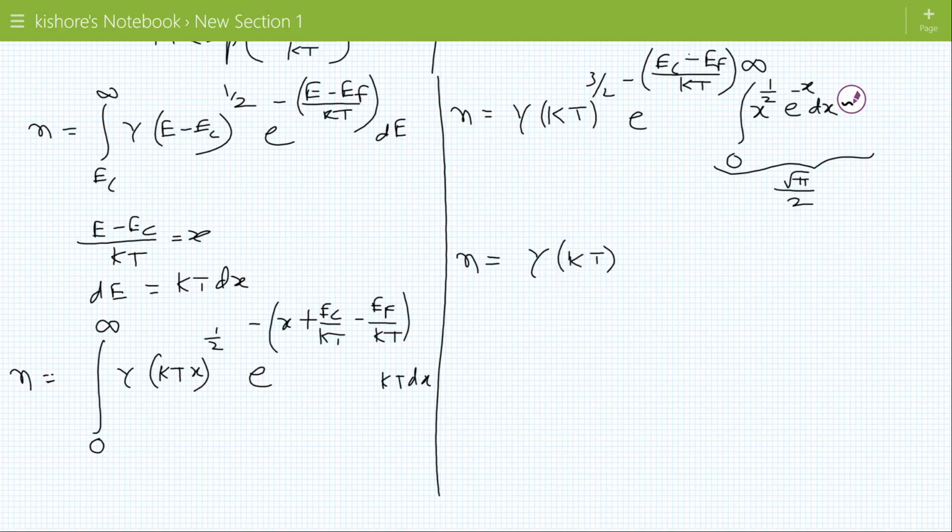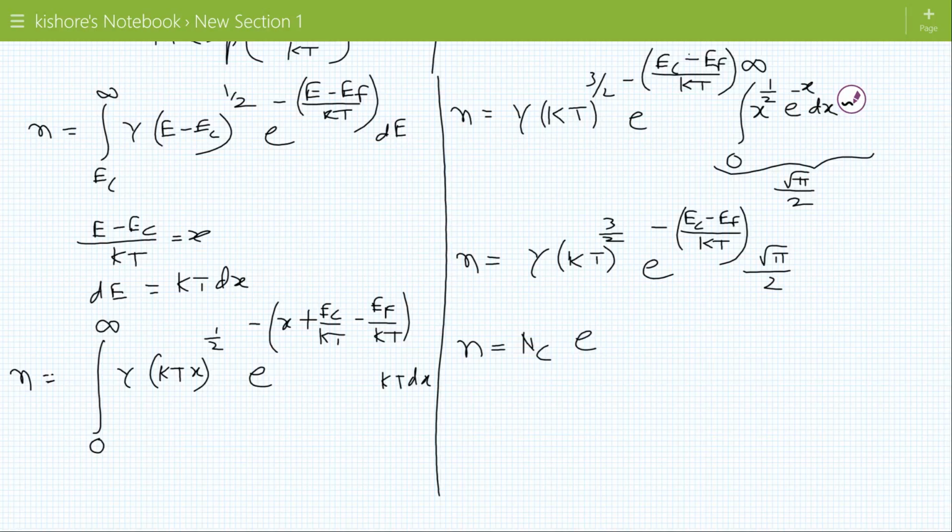(kT) to the power 3 by 2, e to the power minus (EC minus EF) by kT, root pi by 2. Now this gamma (kT) to the power 3 by 2 into root pi by 2 is constant, and it is denoted by Nc.